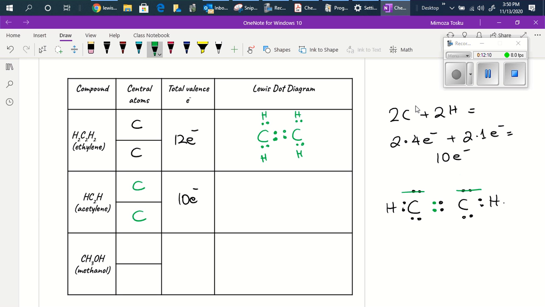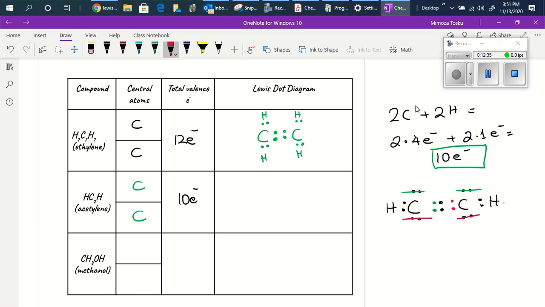So now what do we have? 1, 2, 3, 4, 5, 6, 7, 8, 9, 10, 11, 12. Again, too many in comparison to the available electrons. So then we erase 2 and place them as a triple bond.